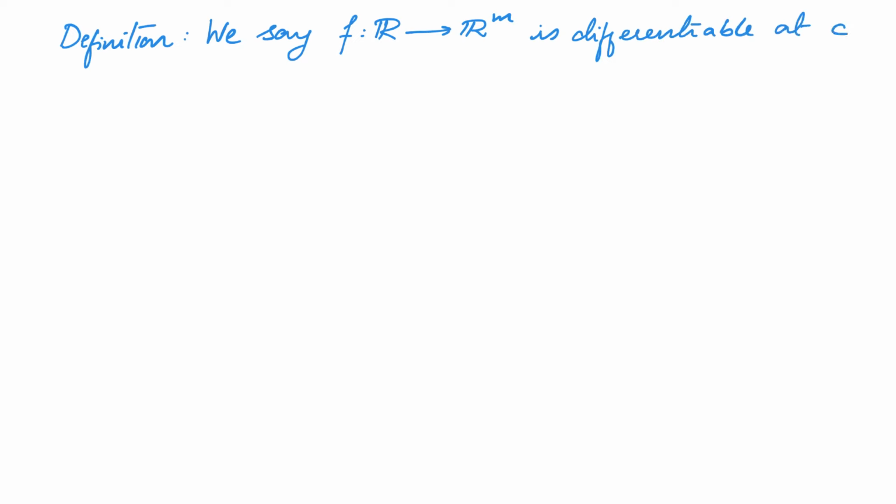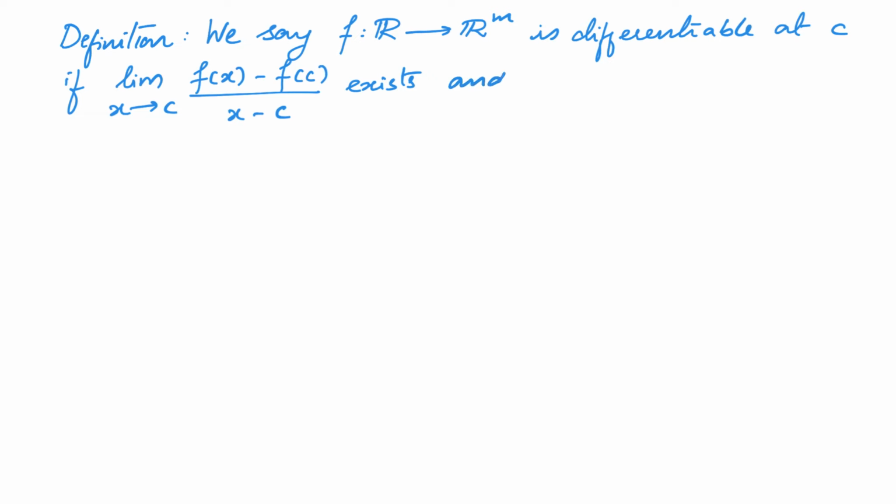Let us summarize what we have seen so far. We say that a function f from an interval a, b or the real line to Rm is differentiable at a point c in the interval or the real line if the limit as x tends to c of f of x minus f of c by x minus c exists. Further, when this limit exists, the limit will be called the derivative of f at the point c.